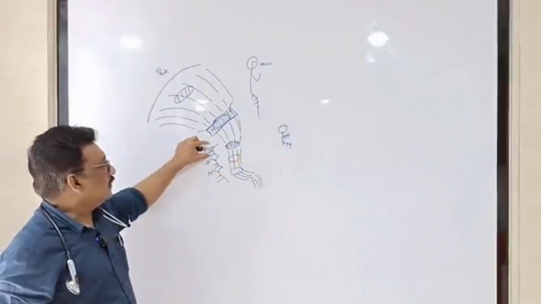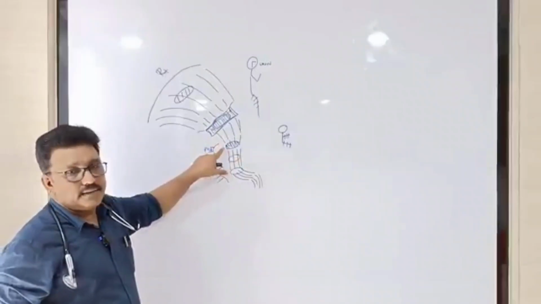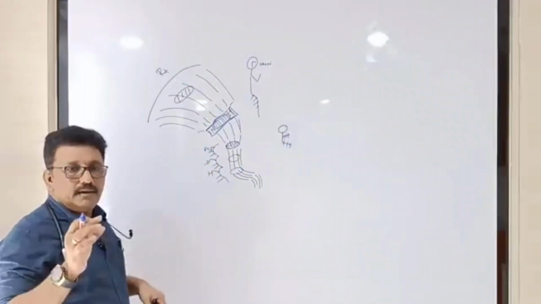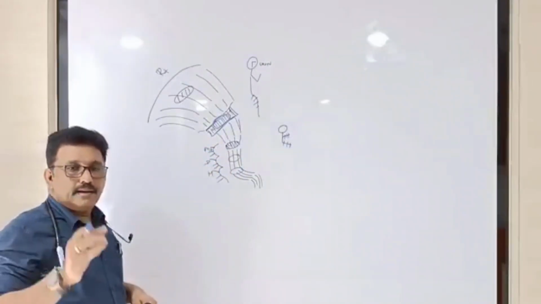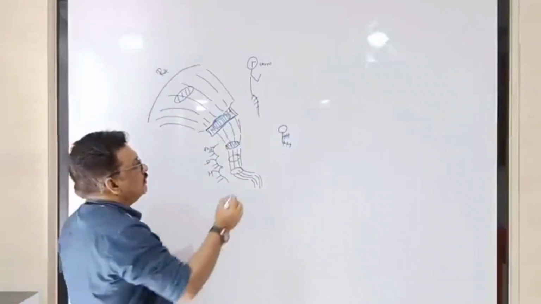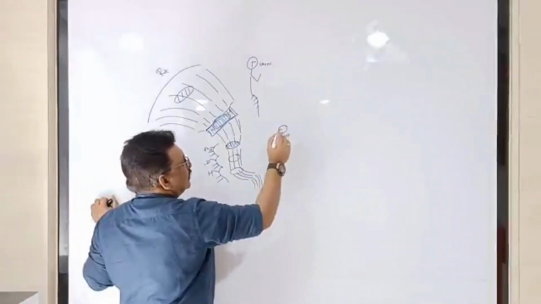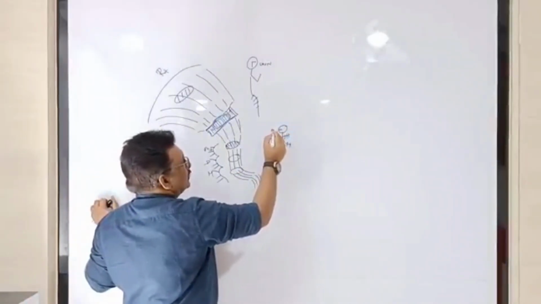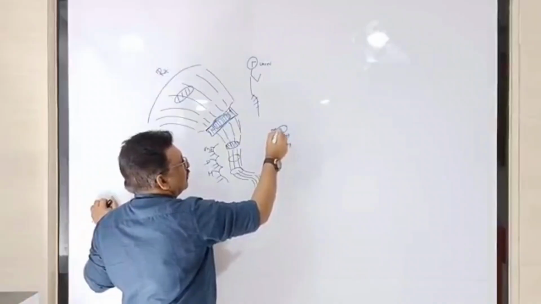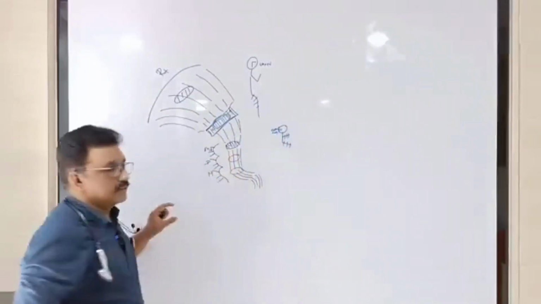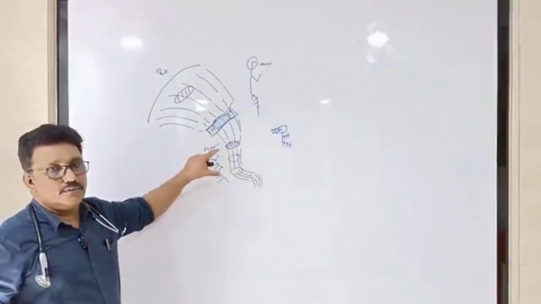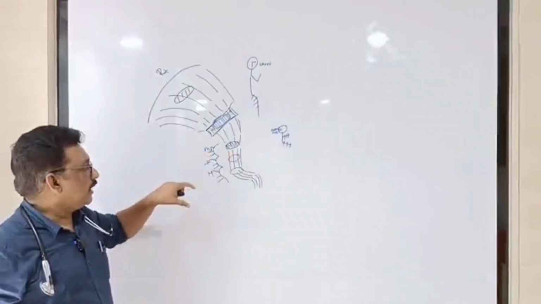Which are the major cranial nerves in the midbrain? That is 2nd, 3rd, 4th. It mainly affects the eye. On this side, the patient can have ophthalmoplegia. They are called brainstem syndromes. We will give a detailed description of all these brainstem syndromes at last.